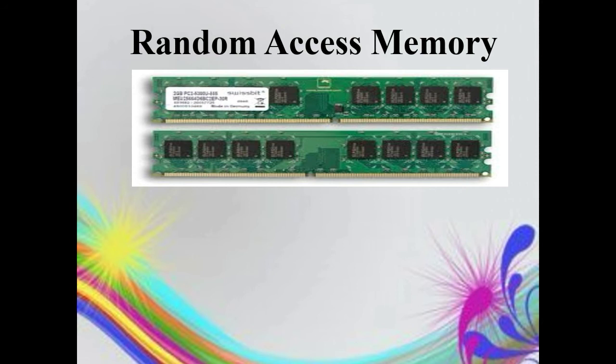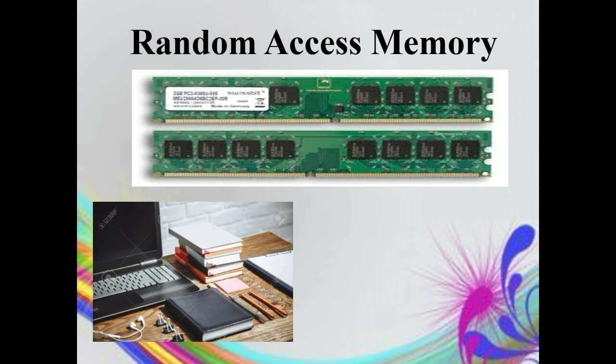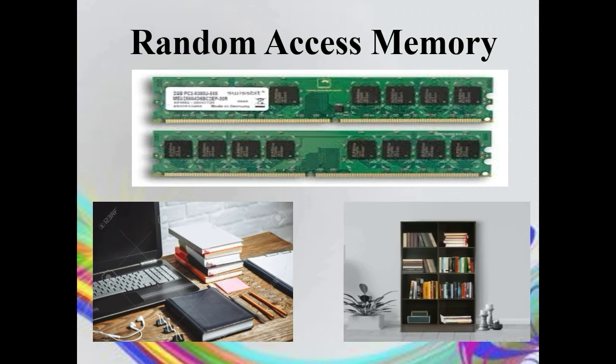The function of a RAM is similar to keeping the textbooks and notebooks that you need for immediate use on your desk, while keeping the remaining books on a shelf. The information stored in RAM is lost when the computer is rebooted.